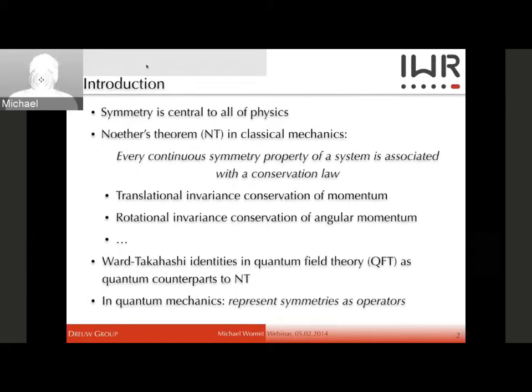These same things which exist in Noether's theorem transfer to quantum mechanics, where we represent symmetry in terms of operators. For example, for the hydrogen atom, you also have this rotational invariance, which is related to the conservation of angular momentum.